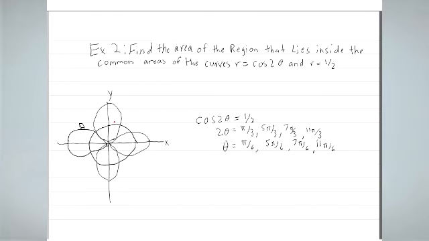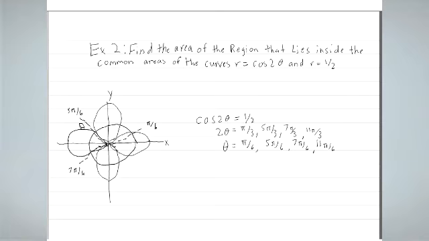Okay, so the intercepts, as we discussed before, are at pi over 6, 5 pi over 6, 7 pi over 6, and 11 pi over 6.